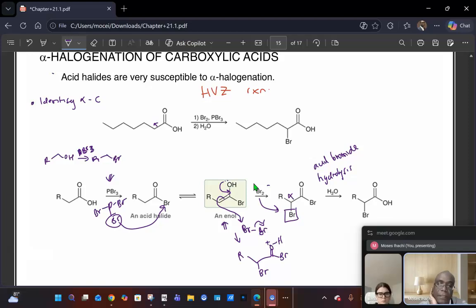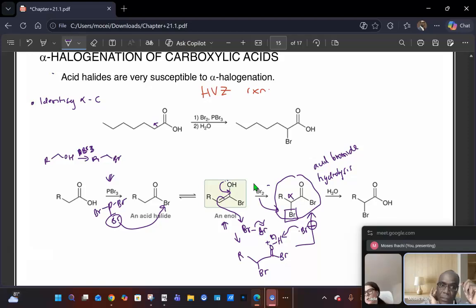So once you have it like this, to get here, the Br minus that fell out will remove this hydrogen. You get to this. Hydrolysis is just the water attacking the carbonyl. We did that in the big chapter.